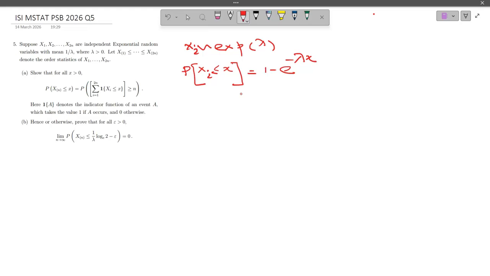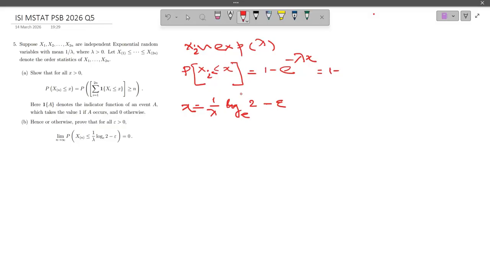Now we have a representation for X(n) ≤ x. So let us take x to be (1/lambda) log_e 2 minus epsilon. Then P(Xi ≤ x) = 1 − e^(−lambda x) becomes 1 − e^(−lambda x).